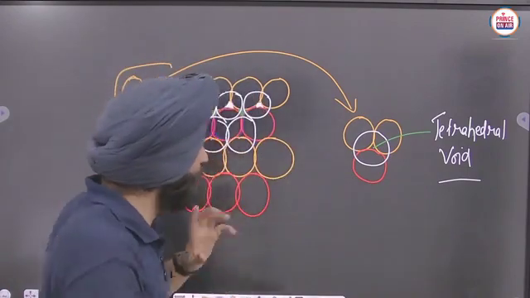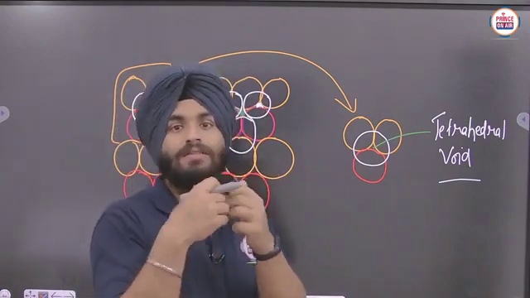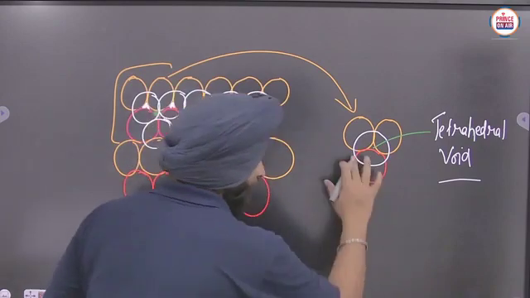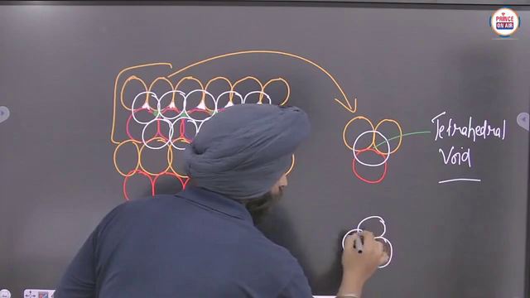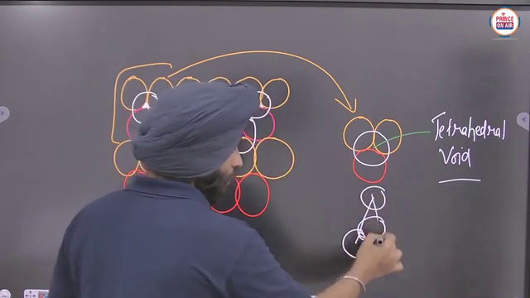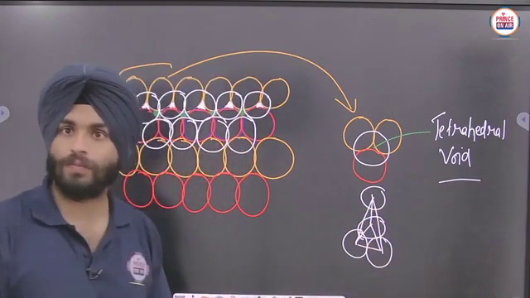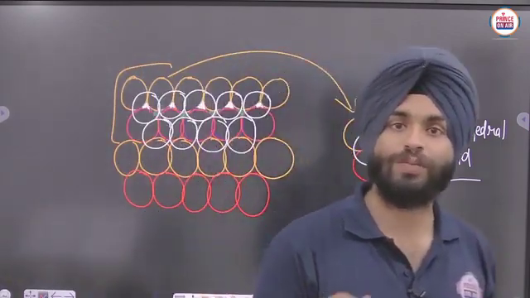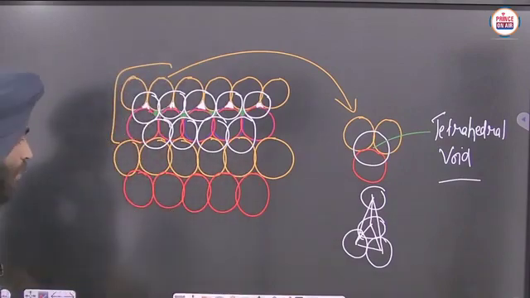If we look at their centers, and if you match these centers, then they will form a tetrahedral shape. Like here you can see, if I am placing that layer, and this one, it will form a tetrahedral shape. That's why this void is known as tetrahedral void. Now you can understand this.